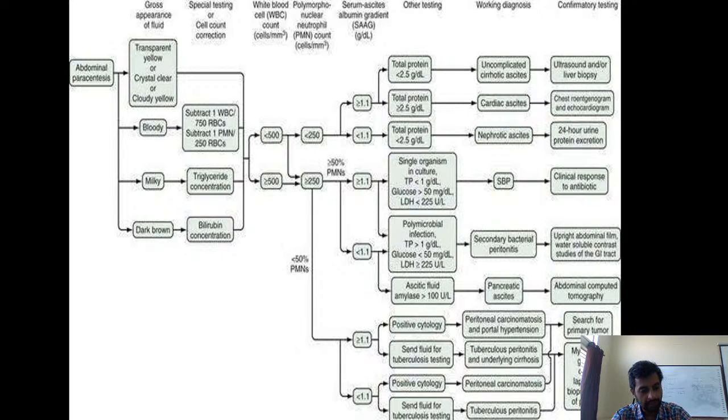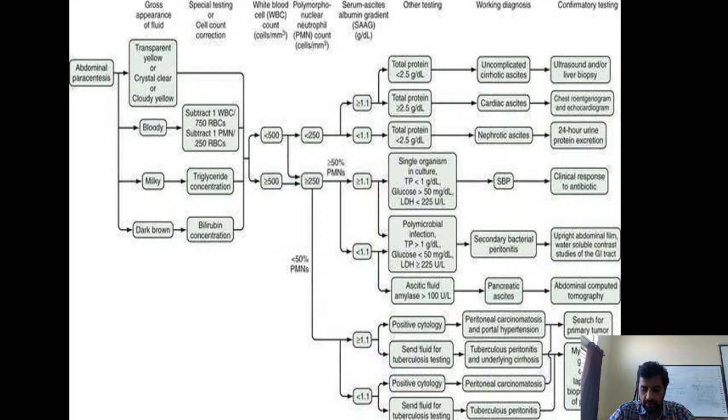Portal hypertension is causing ascites, but your neutrophils are also high. So what is it because of? That means your ascitic fluid is infected, probably because of some bacteria that has translocated from the intestine into the abdominal cavity. That is called spontaneous bacterial peritonitis. Spontaneous bacterial peritonitis is nothing but spontaneous infection of your peritoneal fluid.